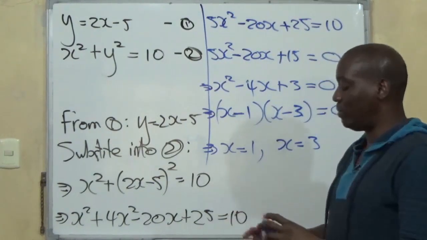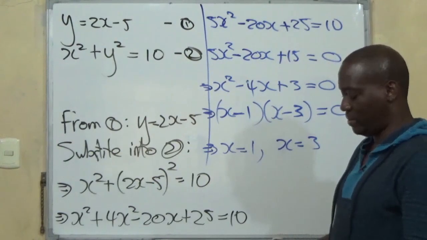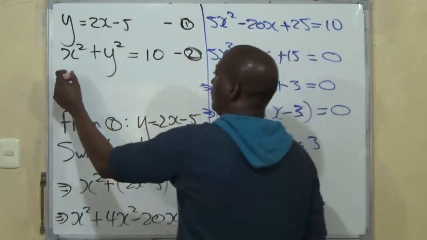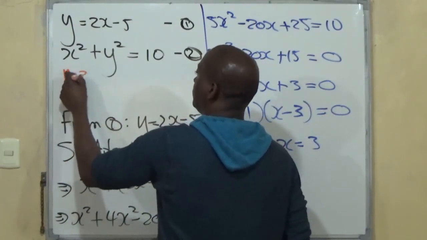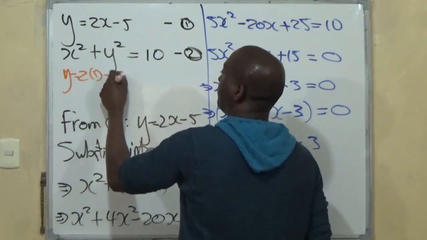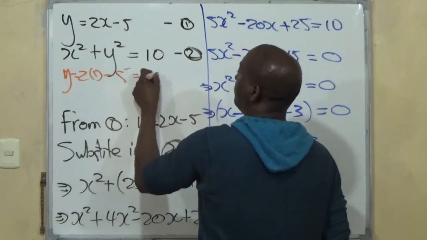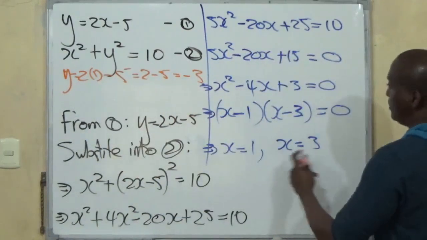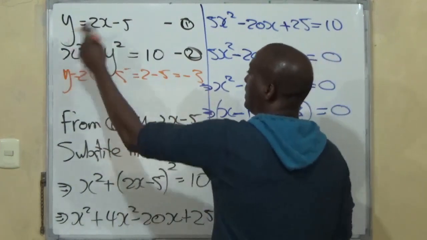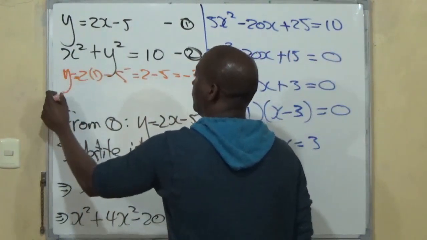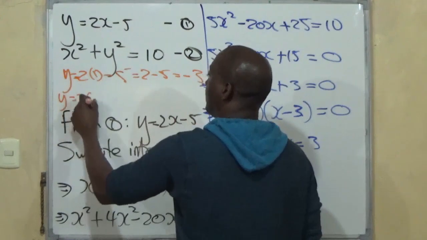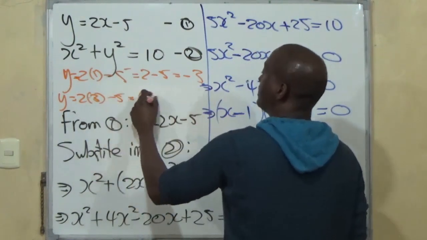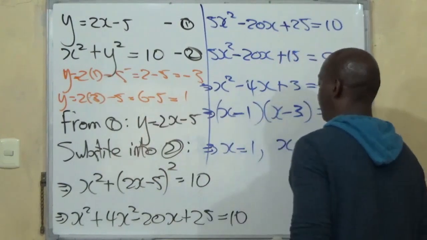So when x is equal to 1, we substitute into equation 1 and we get that y is equal to 2 by 1 minus 5, which is 2 minus 5, which is minus 3. And when x is equal to 3, we substitute here and we get that y is equal to 2 by 3 minus 5, which is equal to 6 minus 5, which is equal to 1.